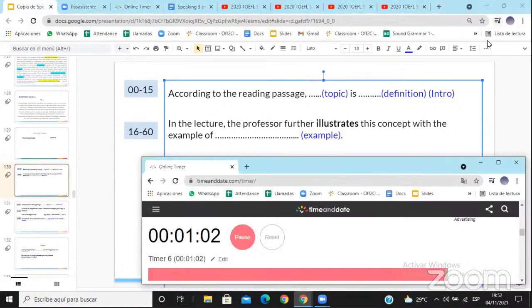Okay. According to the reading passage, comfort zone bias is when a person wants to stay in the comfort zone, that's remaining with the familiar, to try to avoid taking risks. And in the lecture, the professor further illustrates this concept with an example of a person who prepares for being a film reviewer, but he got a job like a news reporter, and he becomes pretty good at that.